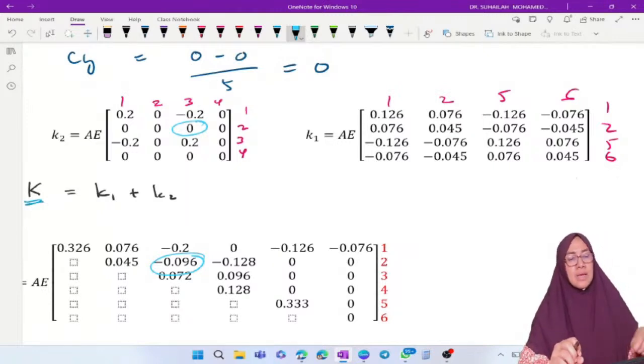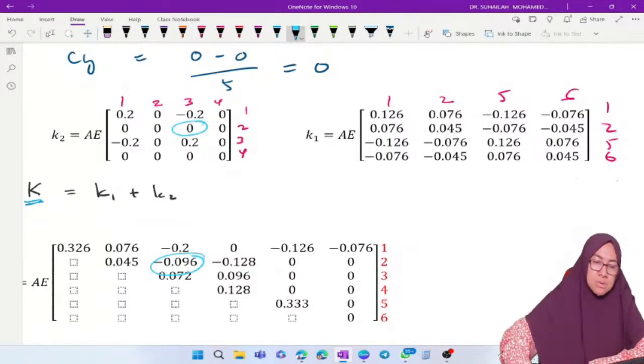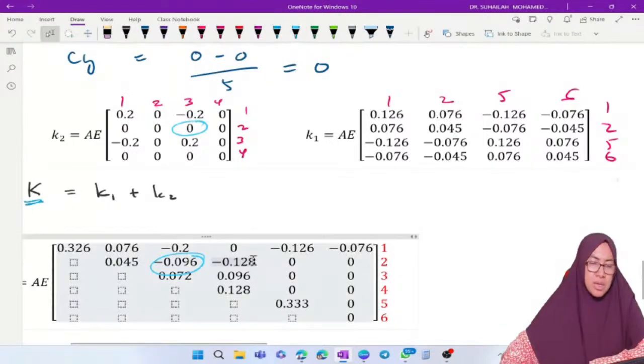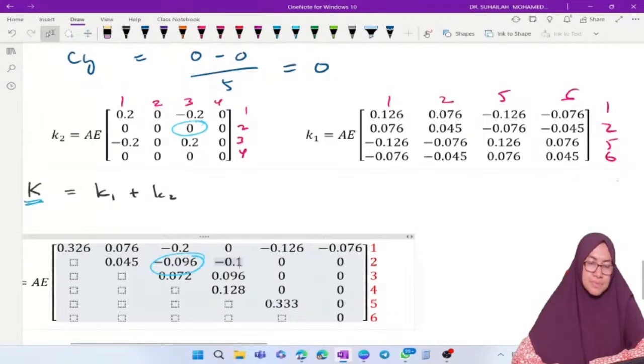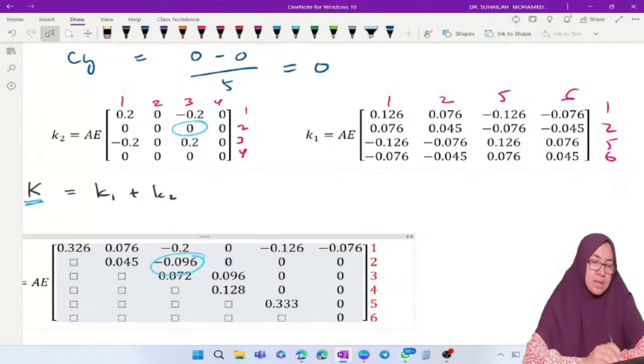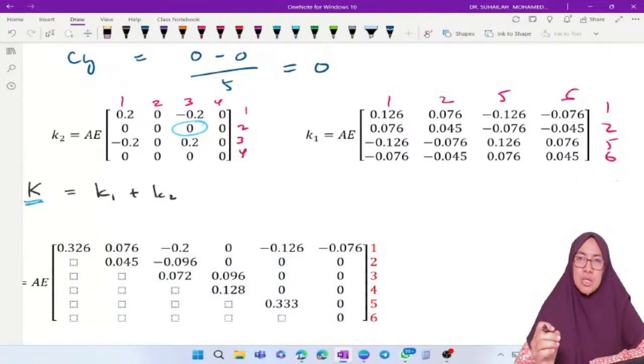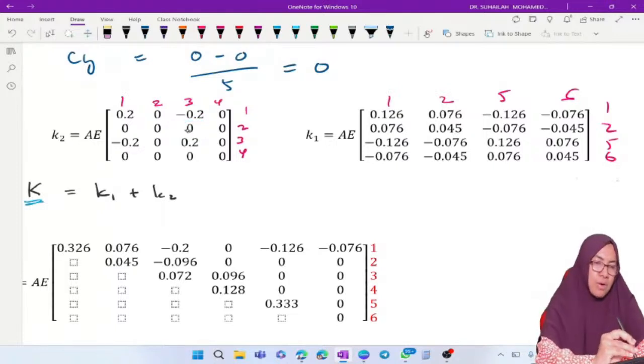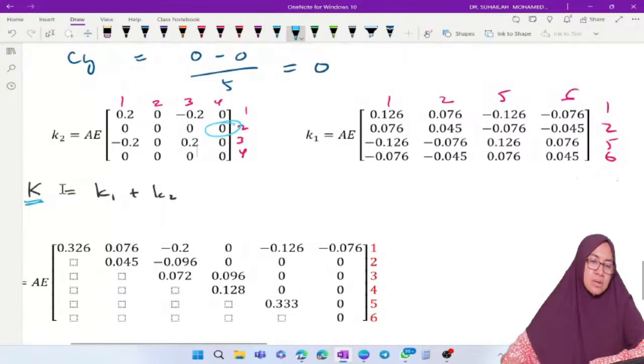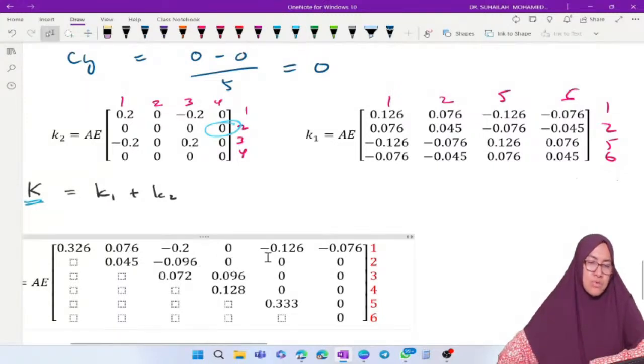So we put 0 here. 2, 3 is 0. Next is position 2, 4, which is also 0.